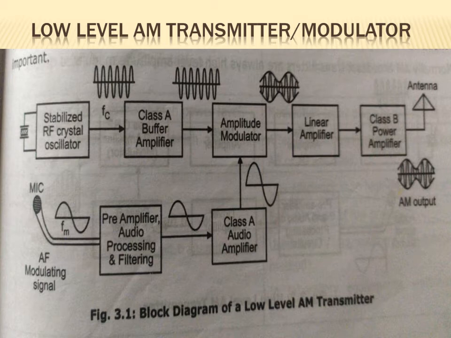Lastly, it is given to the class B power amplifier, which increases the strength and power level of the AM signal. The function of the power amplifier is to increase the strength and power of the AM signal. Finally, this AM signal is transmitted by using the transmitting antenna.